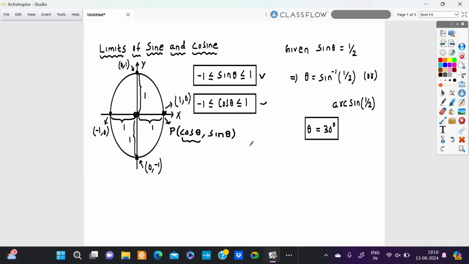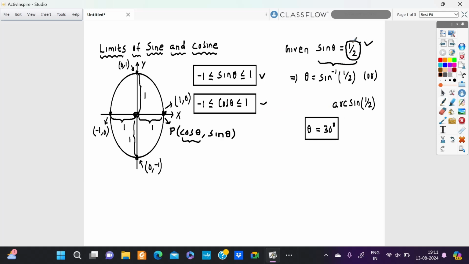For example, while solving right angle triangles or non-right angle triangles, you might end up with an equation, say sine theta is equal to 1 over 2 or cos theta is equal to a value. So if I say sine theta is equal to 1 over 2, what I'm trying to say is that sine theta or cos theta is equal to a value, and that value should lie between -1 to 1.